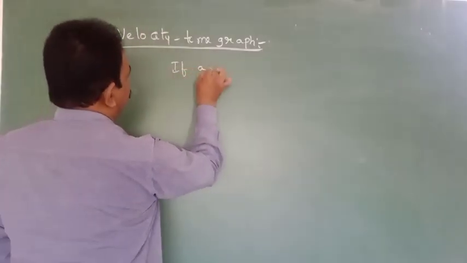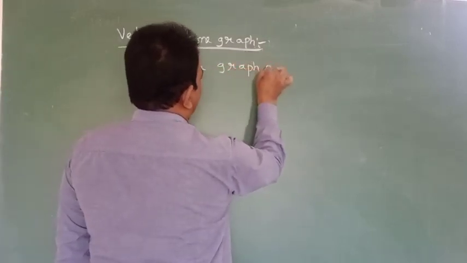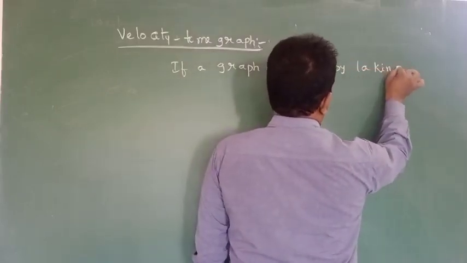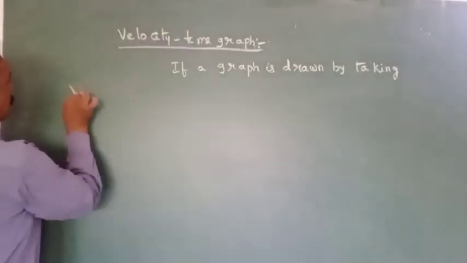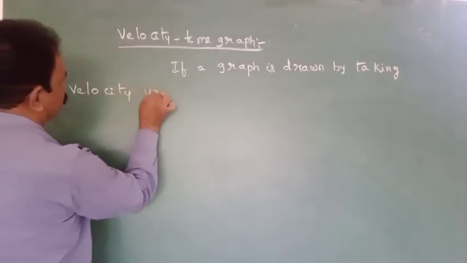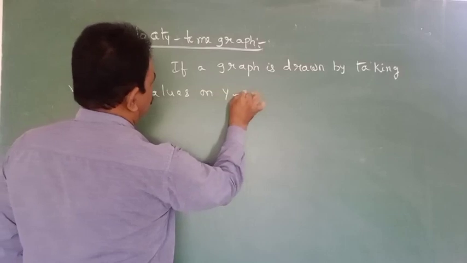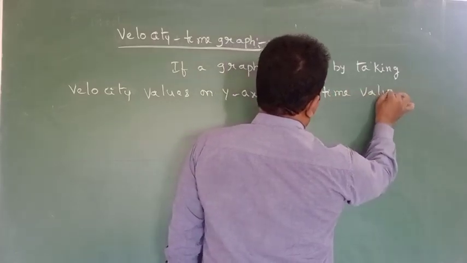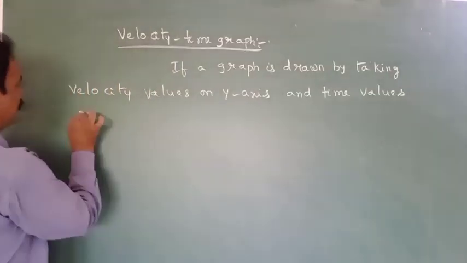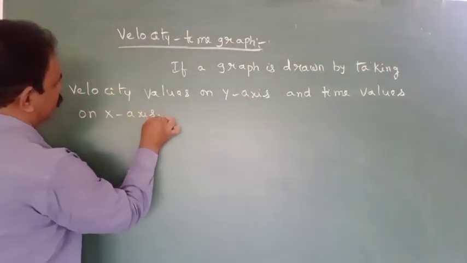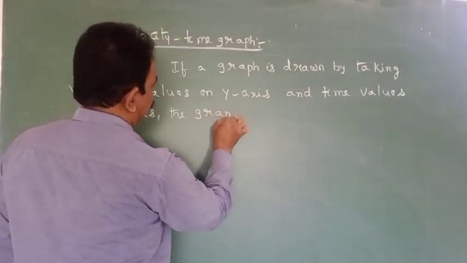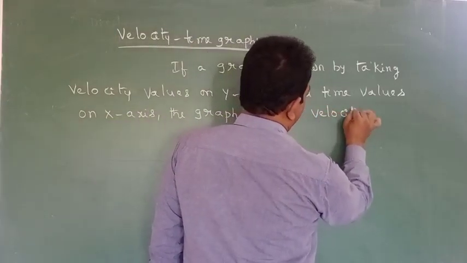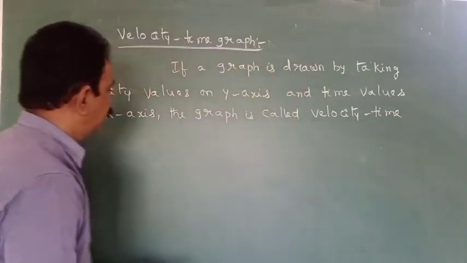If a graph is drawn by taking velocity values on the y-axis and time values on the x-axis, the graph is called a velocity time graph.